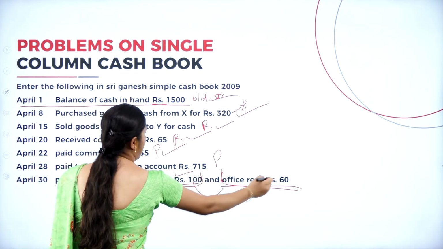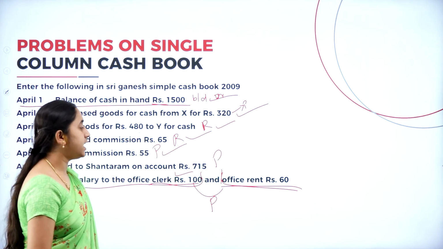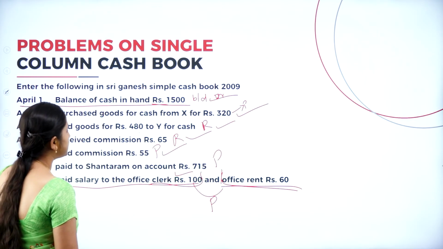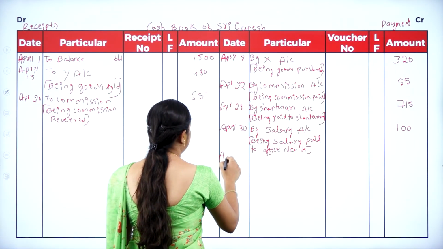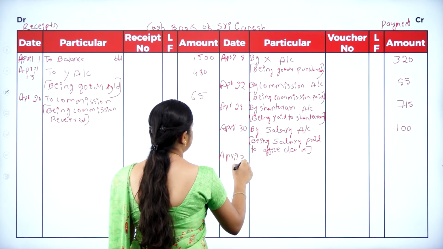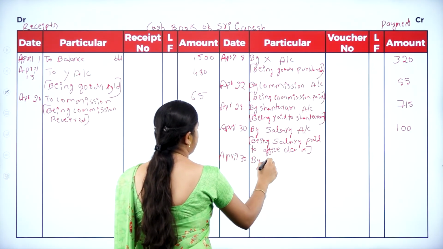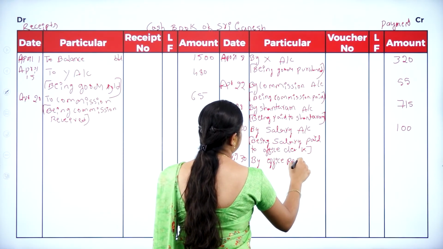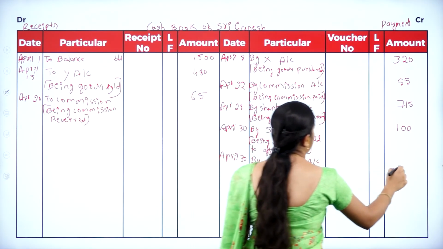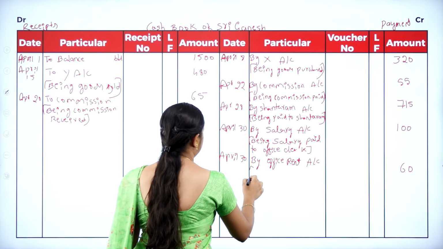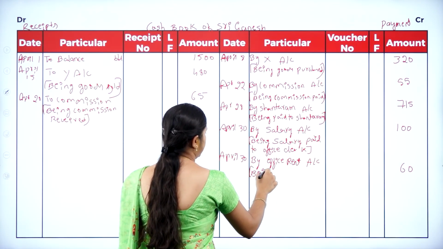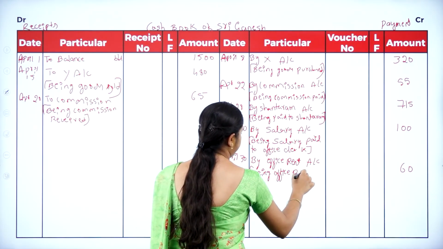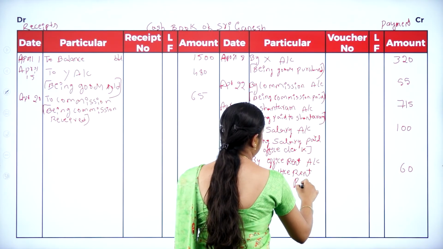Next, paid for office rent. So payment, write in the credit side April 30, by office rent account rupees 60, being office rent paid.